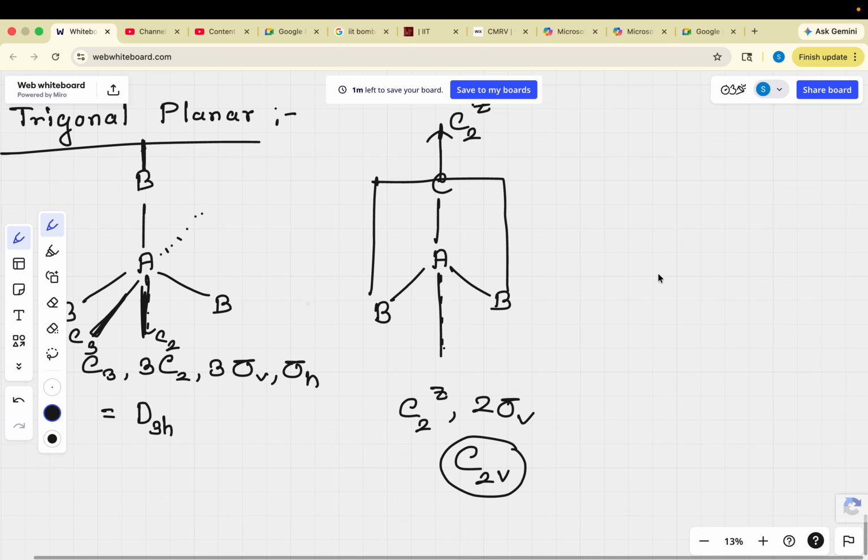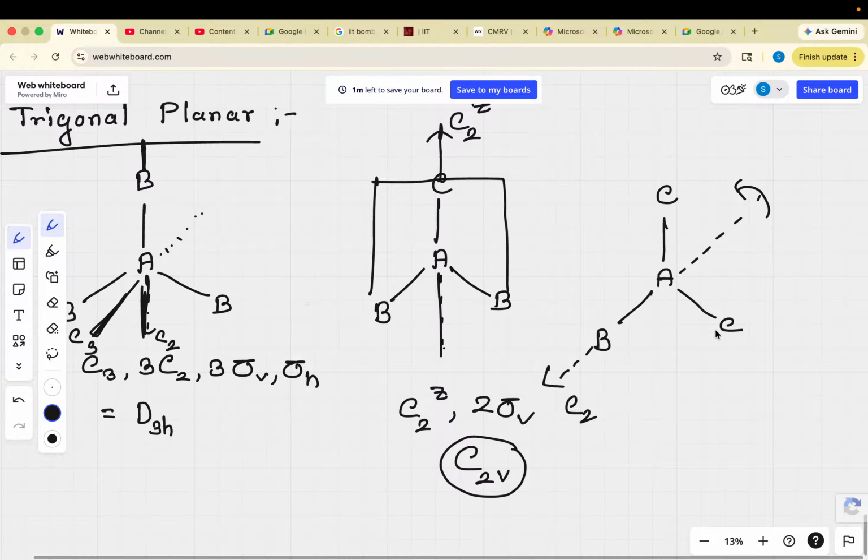Now suppose you have here A, here C, here B, and here C. Again two atoms are the same and one atom is different. Again you can see that along this you have a C2 axis. If I rotate the molecule 180 degrees along this, the two C atoms interchange their positions and B remains here only.